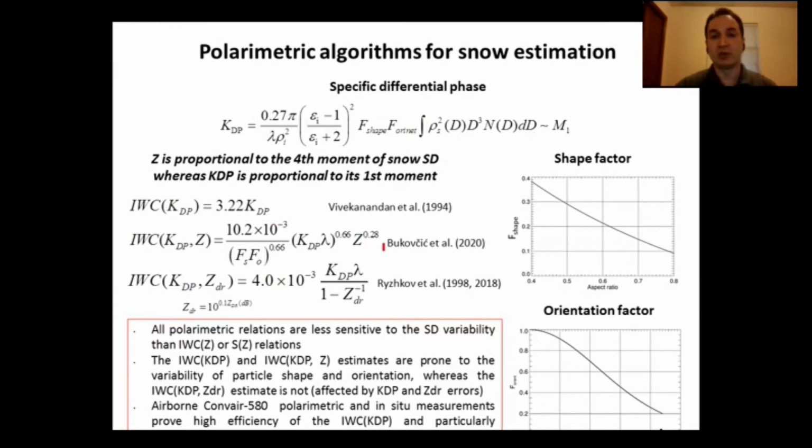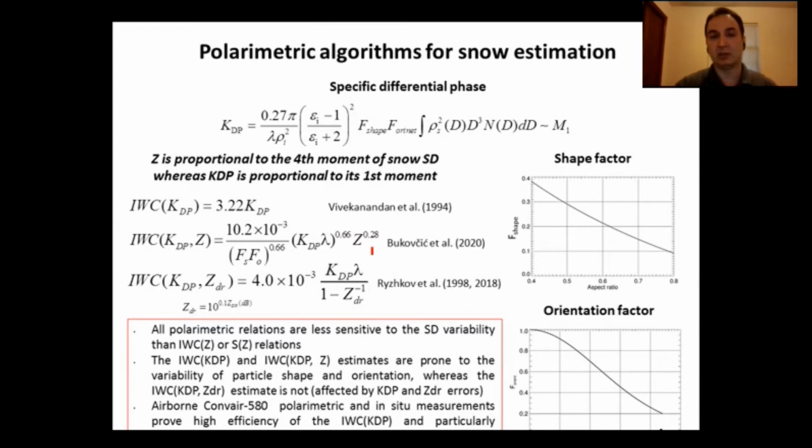Whereas in the Bukovcic relations, where you use KDP and Z, you have a smaller exponent with these factors. In addition, KDP and Z are the first and fourth moments, and their combination is closer to the second moment, which we want to be close to, because ice water content is almost the second moment, and snowfall rate is a little bit higher than the second moment.